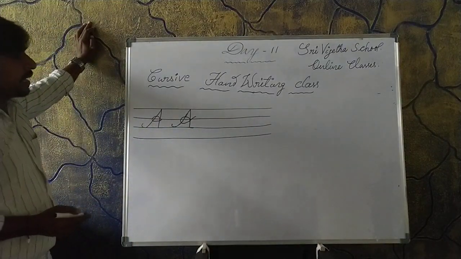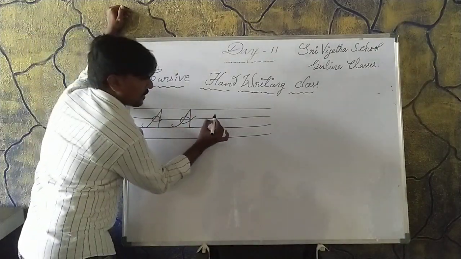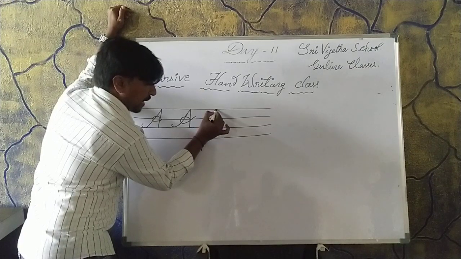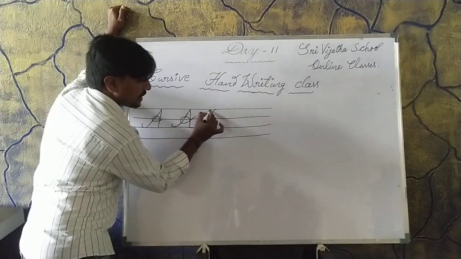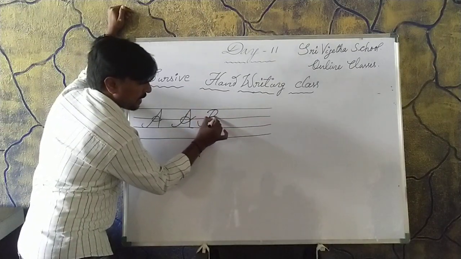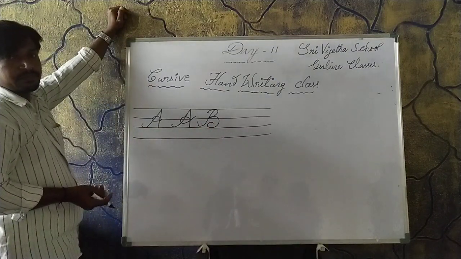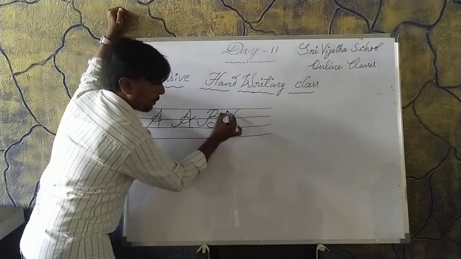Okay, this is A. Then how to make B? Letter B. Look, start the letter at the top line and come down like this, and again start here between the lines. B.